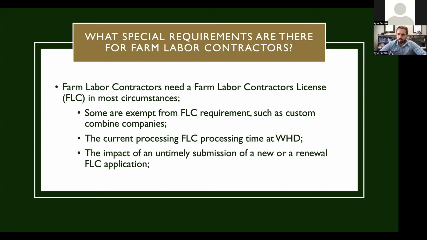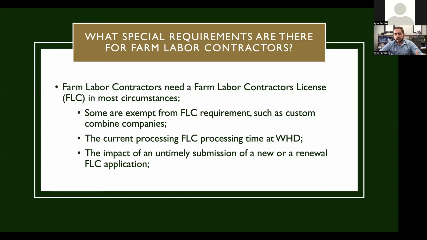Whenever you're submitting a renewal of your FLC application, they have amended the rules. They used to only let you do it 30 to 60 days in advance of the expiration. Now they allow you to do it up to 90 days in advance, and I highly recommend that you do. Because of the delays, they're sending out a document called an authority to operate letter.